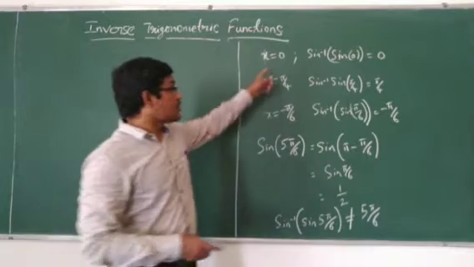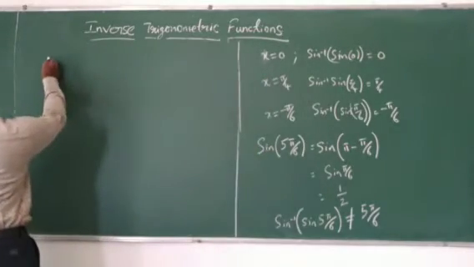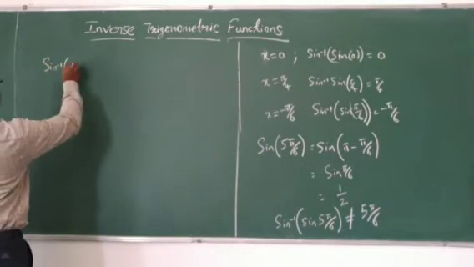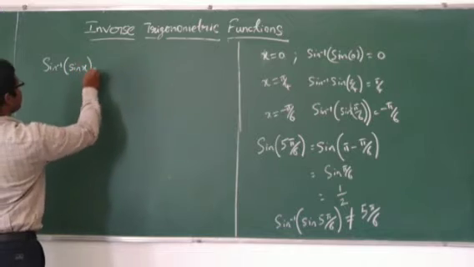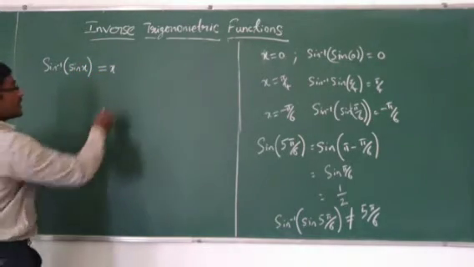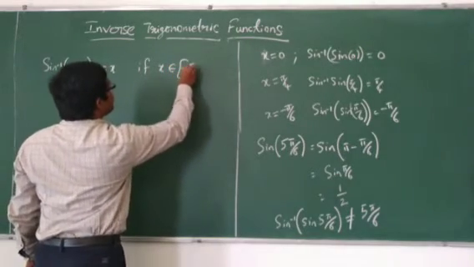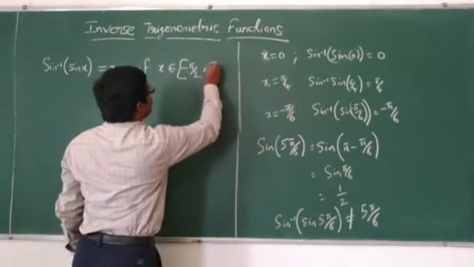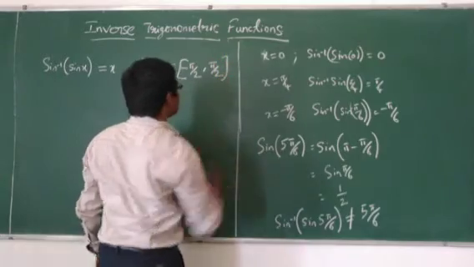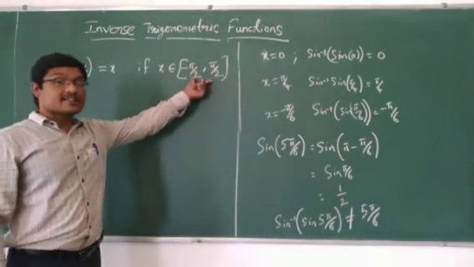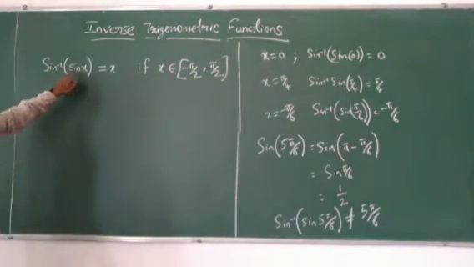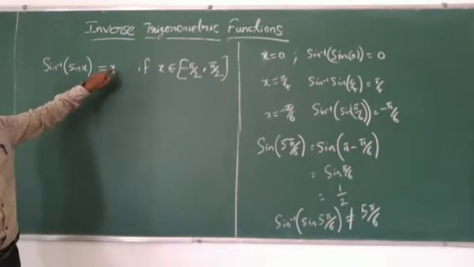So what we can observe from this is sin inverse of sin x will be equal to x if x belongs to minus pi by 2 to pi by 2. If x belongs to this interval, only then this value will become x.